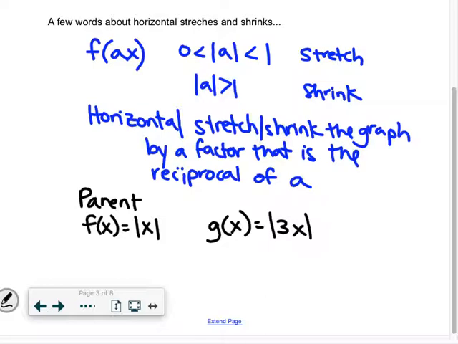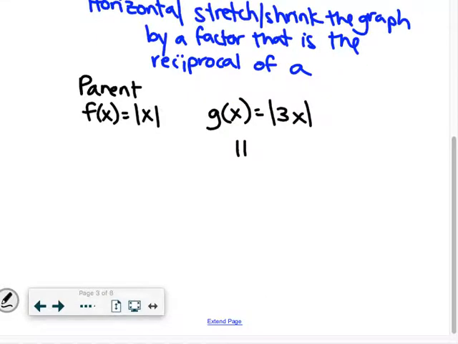And because the 3 is more than 1, remember, when it's more than 1, it shrinks it. This is the opposite. It makes it smaller when it's a big number. So we would say this is a horizontal shrink.